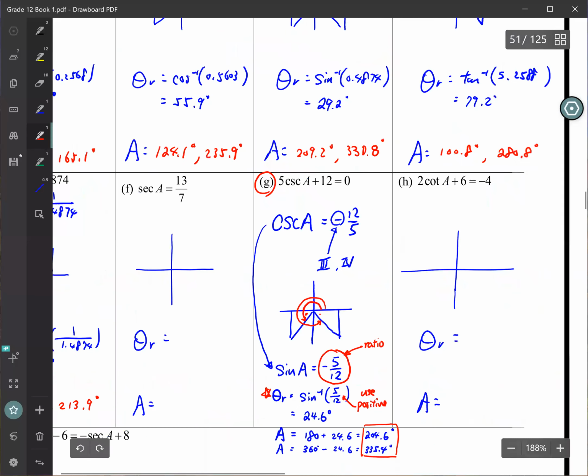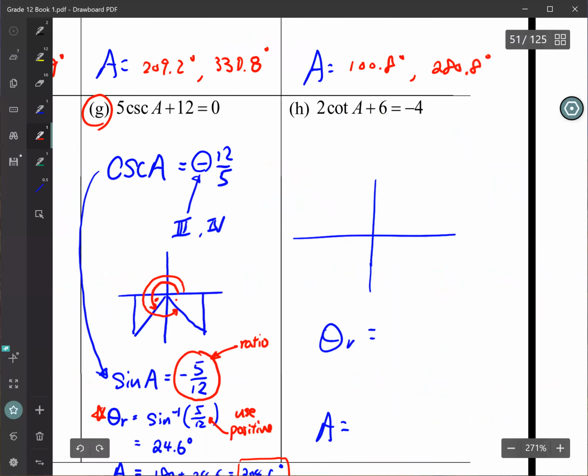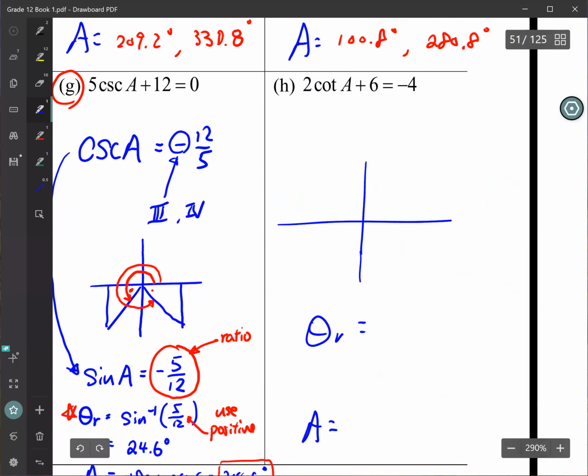Okay, so let's look at H. Tiana, how do we begin this one? Isolate cotangent. So cotangent should equal -5. Okay, what do we do now? You put it into tangent. So tangent A will become 1 over -5, negative. Now what?